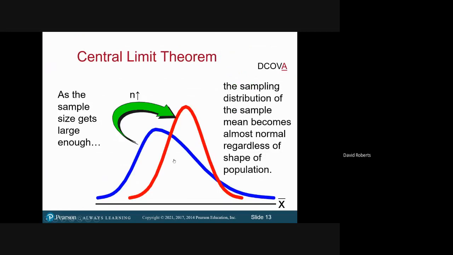So what happens again is, as the sample size gets large enough, the sample mean becomes almost the same as the normal, and also the shape becomes almost the same as the normal. That's the point that we're trying to make in all of these slides so far: the larger the sample, the more it looks like the population.